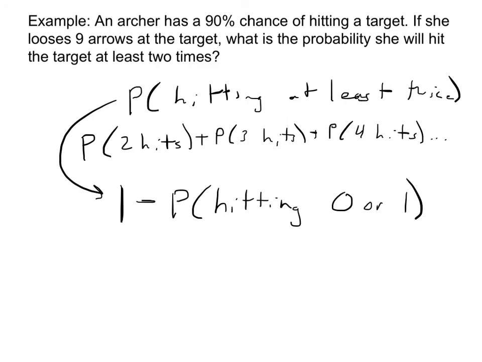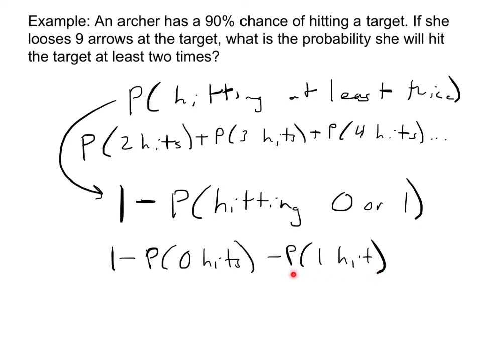The opposite of that would be hitting the target only 0 or 1 times. So I can just do 1 minus the probability of 0 hits minus the probability of 1 hit. Even if I had to do this by hand, it's much easier for me to do this than to go through this whole process.